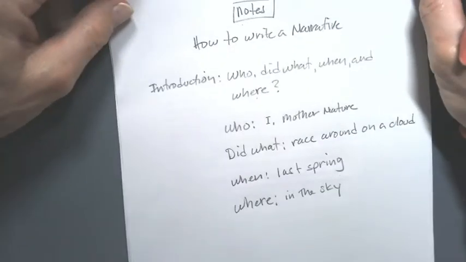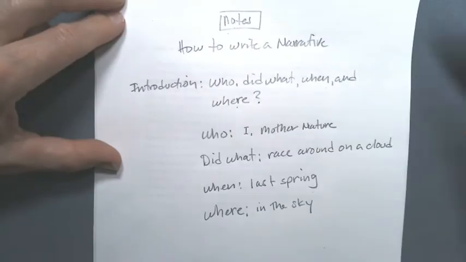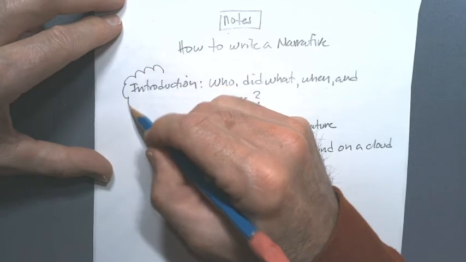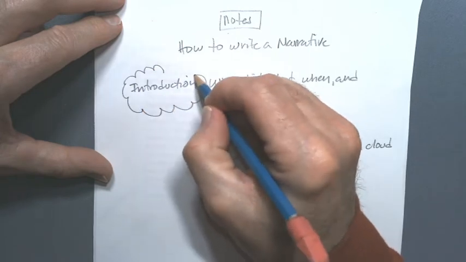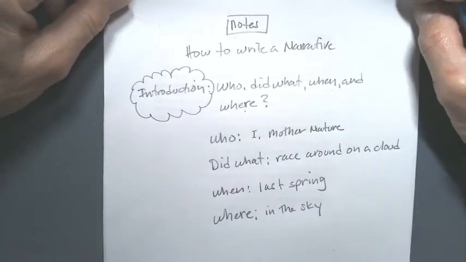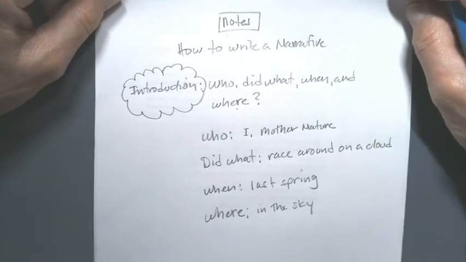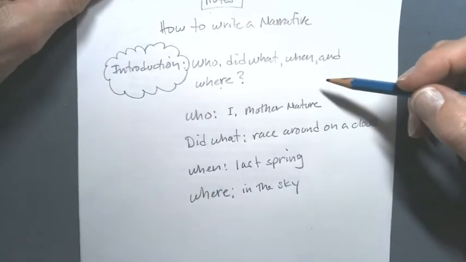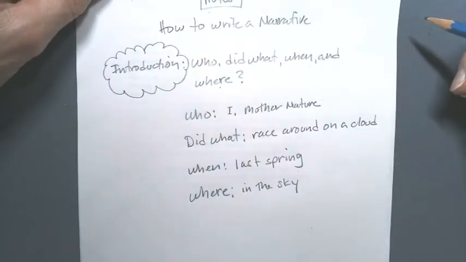So every time that you write a narrative, the first thing you have to do is you have to nail down this introduction. You cannot start a narrative without a good introduction. And it should cover a who did what, when, and where.